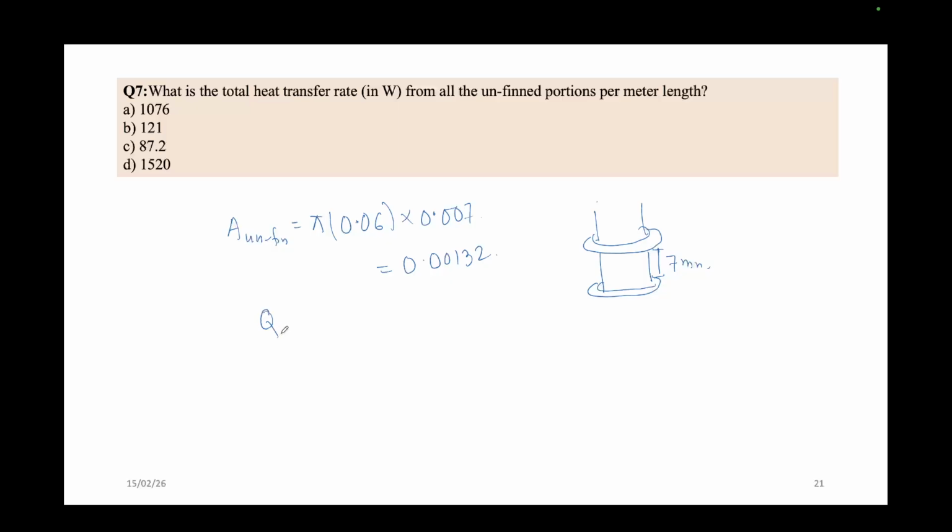So what is Q? Because the heat transfer from this unfin area directly takes place, there is no efficiency or effectiveness required. Is it clear?